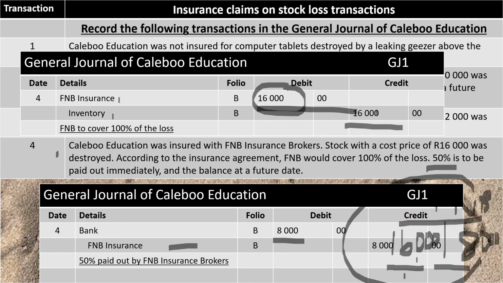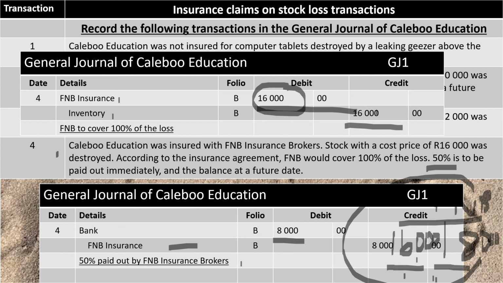So we record the full amount, the 16,000, then the receipt of 50%, and in the future we're going to get another 8,000. Then the balance of this FNB insurance account will be 0.